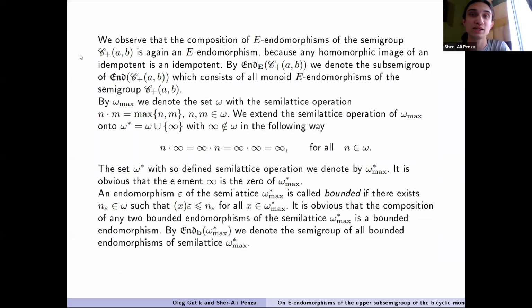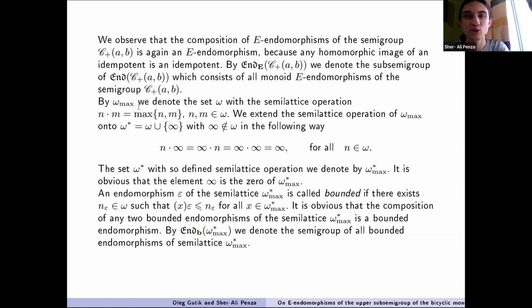We observe that the composition of E-endomorphisms of the semigroup C+ is again an E-endomorphism, because any homomorphic image of an idempotent is an idempotent. By this symbol, we denote the semigroup of endomorphisms which consists of all monoid E-endomorphisms of the semigroup C+.